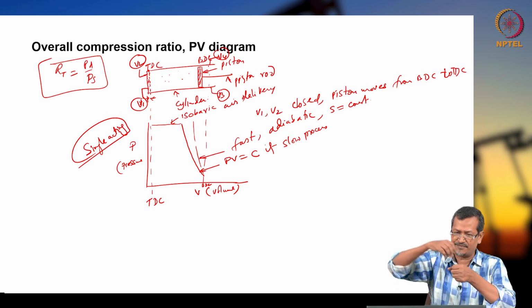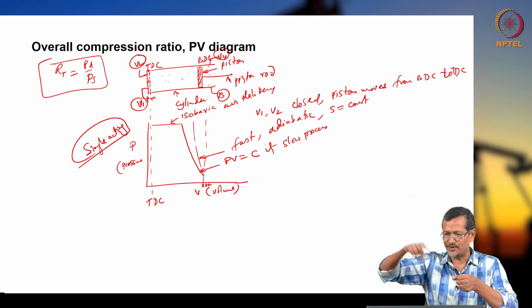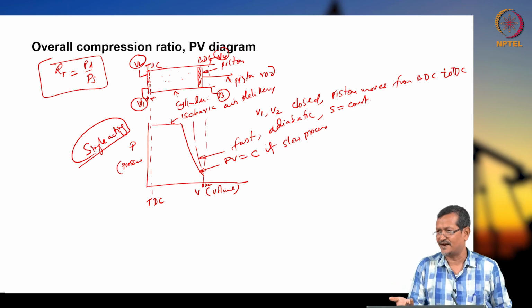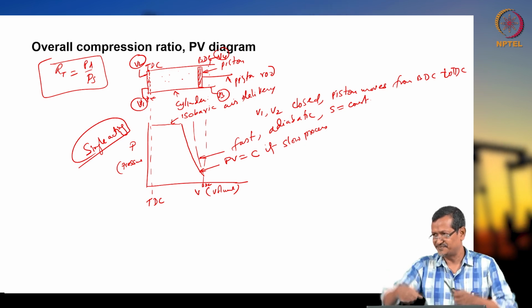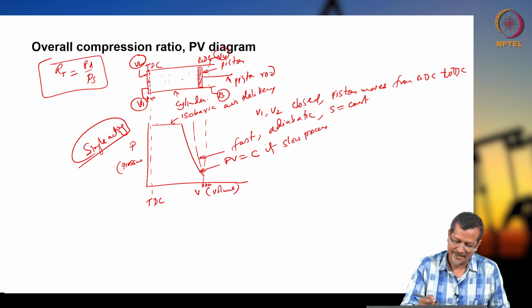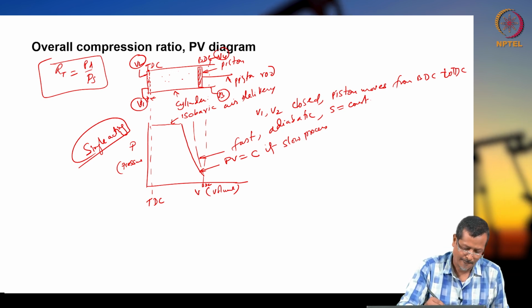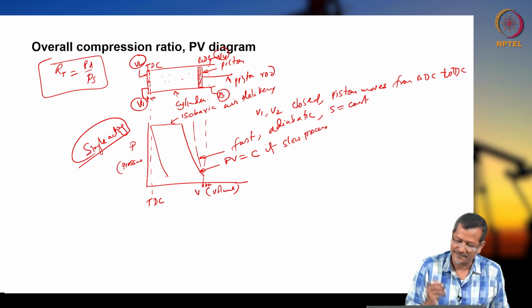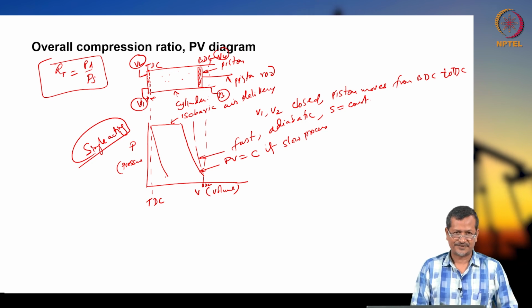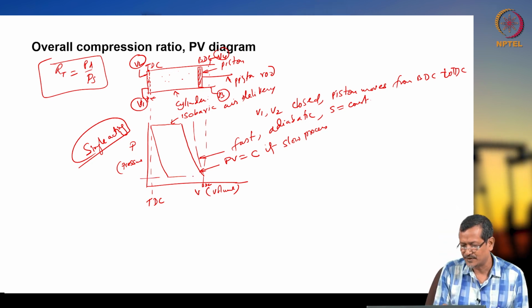So when the piston moves up, that gas will be expanding. It follows the same kind of process: if it is very fast, then it is adiabatic. So that gas will be expanding, coming to atmospheric pressure.